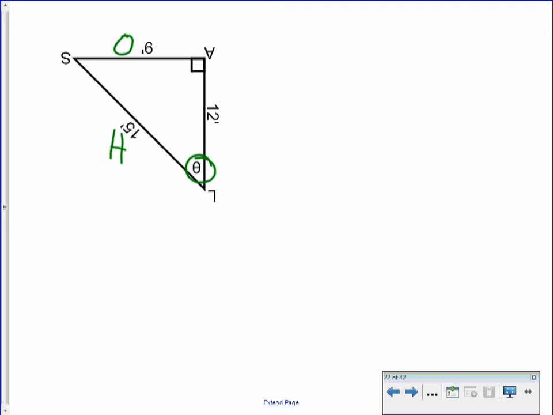Where is the adjacent? 12. Where's the hypotenuse? It's 8. Where's the opposite? 12. Where's the adjacent? Right over there. See how it moves and changes based on the reference angle?